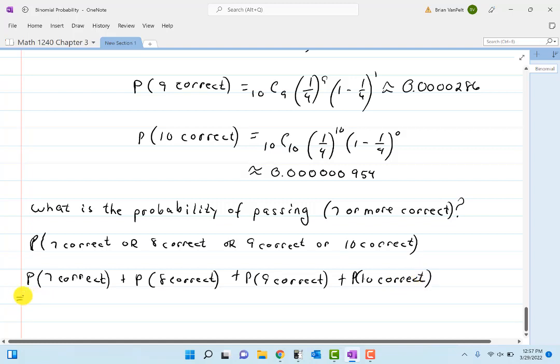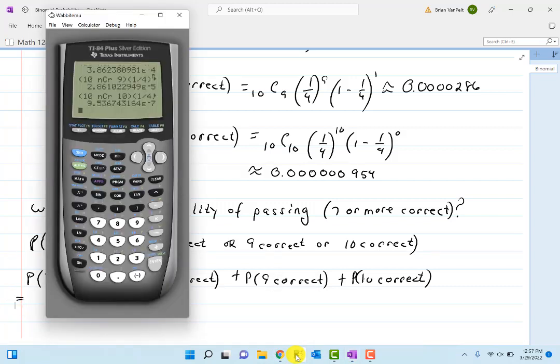Now, I'm not going to go ahead and write all those numbers down. I'm going to take my calculator and do it for me. So you got to be careful here. I've noticed that when you enter things without thought, it can cause a lot of issues. So let me go way up to the 10C7, like so, and I'm going to put a plus after it. So I have the probability of 7 correct. Now let me go up and find the probability of 8 correct, which there it is. And I believe I've added that on, so let's put a plus after that. Now let me go up and find 9 correct.